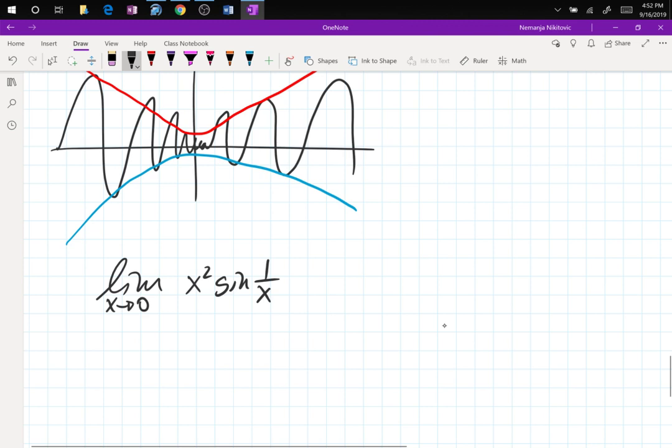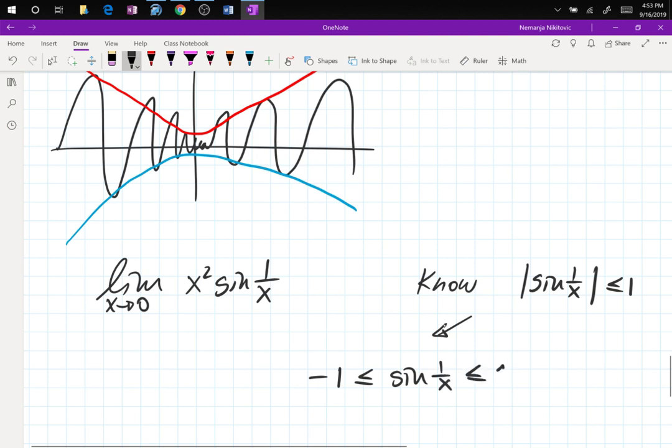What we know from pre-calculus, from trigonometry, is that sine of any function has to be bounded by 1. Meaning, all of the values that sine or cosine give out have to be between -1 and 1. So this tells us that -1 is less than or equal to sine of 1 over x, which is less than or equal to 1.